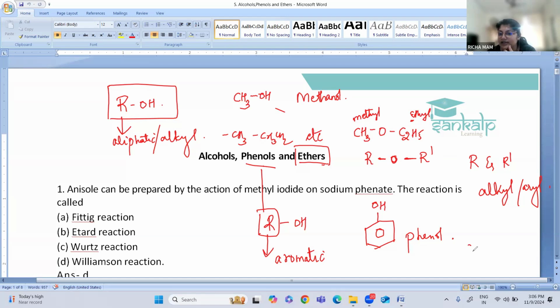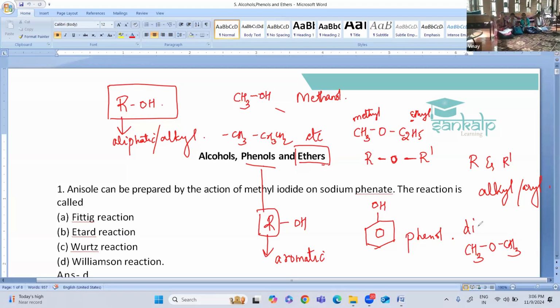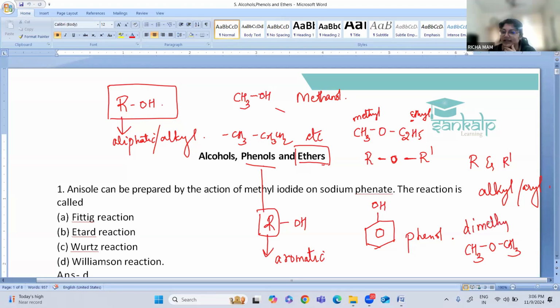Again, suppose it is CH3OCH3, then it will be dimethyl ether. So like this, alcohols, phenols, and ethers. I have just told you the functional groups, how they are represented.